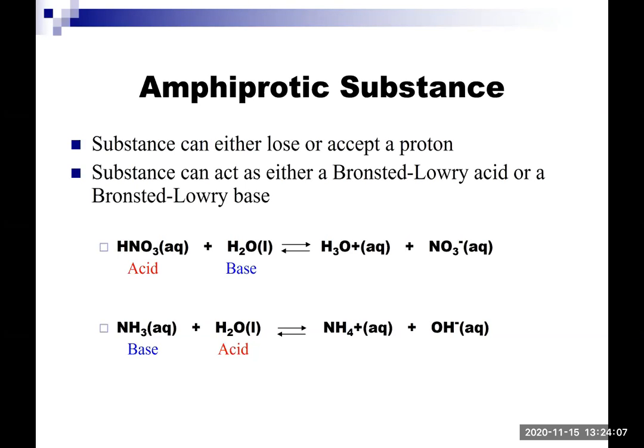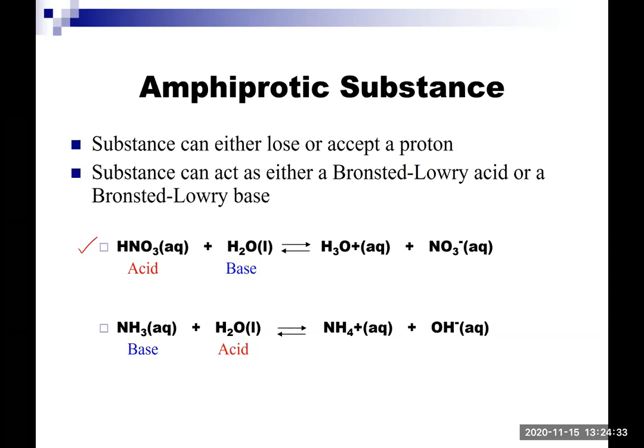Amphiprotic or amphoteric substances can act like either an acid or a base. They can either lose or accept a proton according to the Bronsted-Lowry theory of acid-base chemistry. If we look at this first equation, we see that nitric acid is reacting with water to form hydronium ion and nitrate.